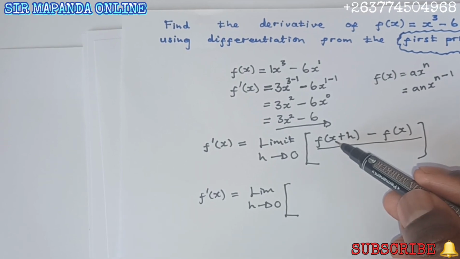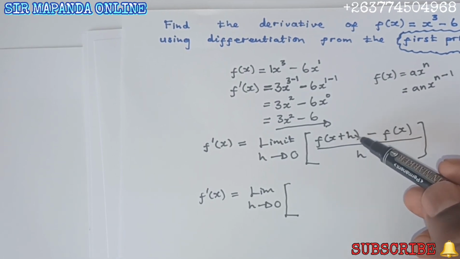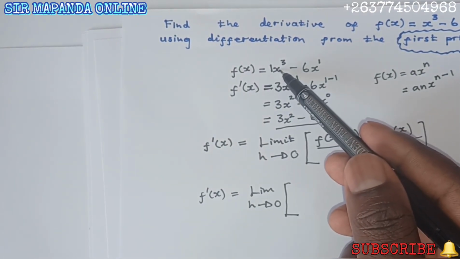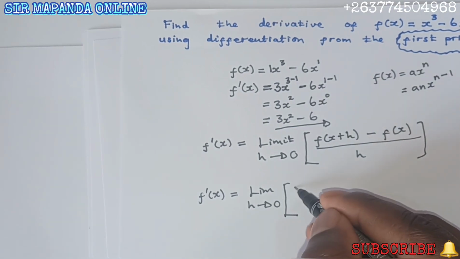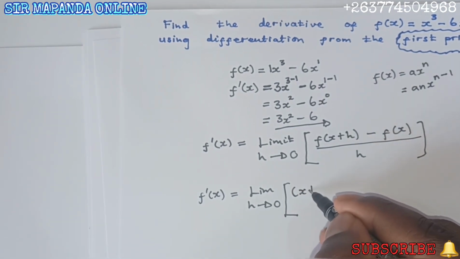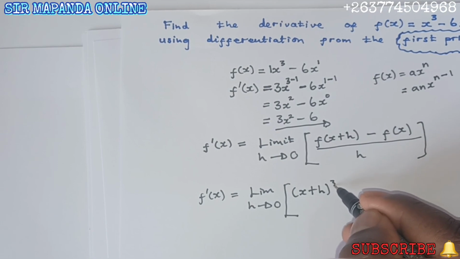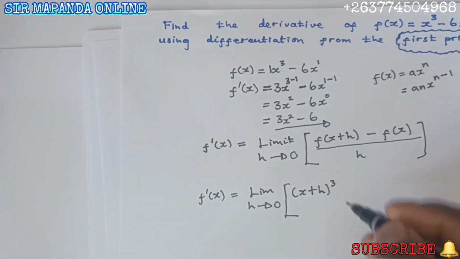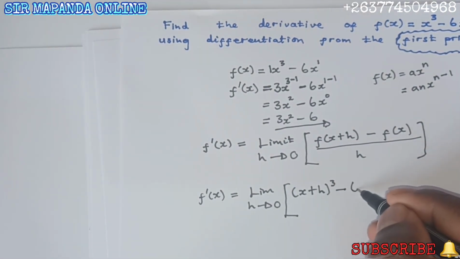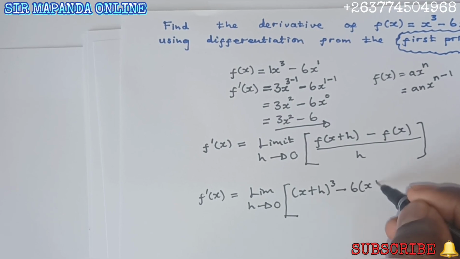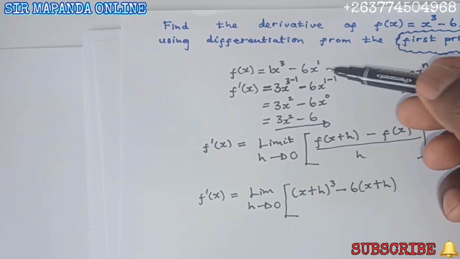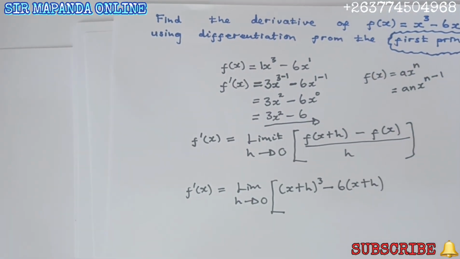Then you take x plus h, then you insert it on x cubed minus 6x. So you get x plus h to the power of 3 minus 6, then you get x plus h if you put it on minus 6x.